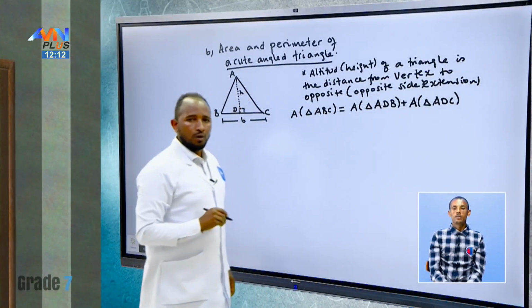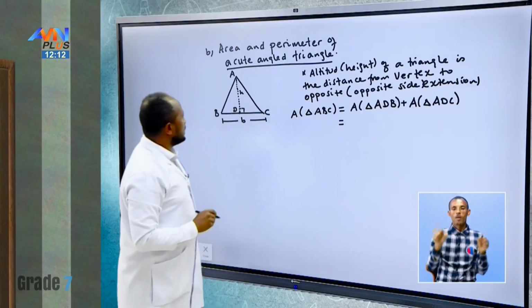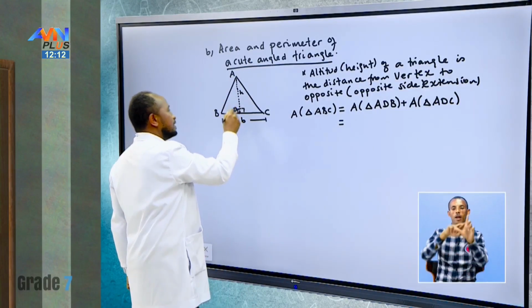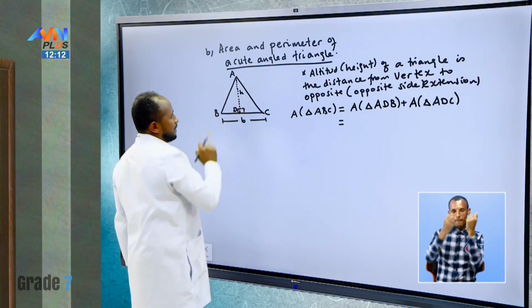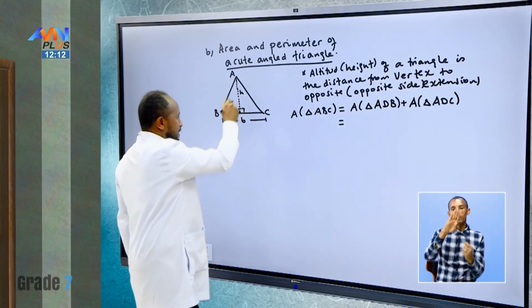This is equal to the area of triangle ADB. Look, ADB is a right angle triangle. To calculate its area, simply multiply the base and the height and divide by 2. The base is BD, the height is AD.